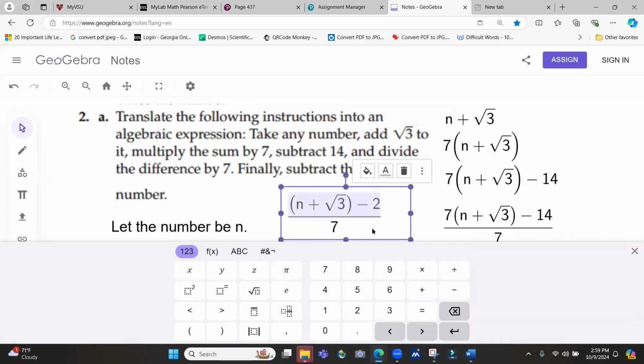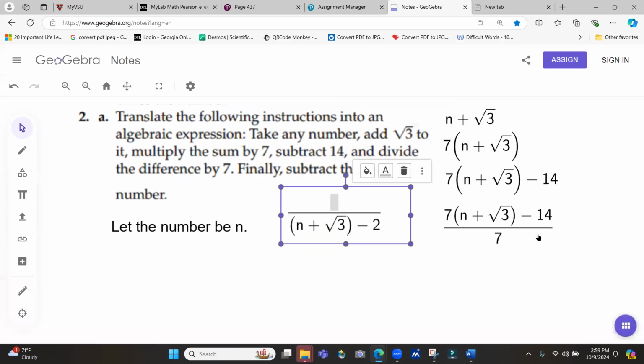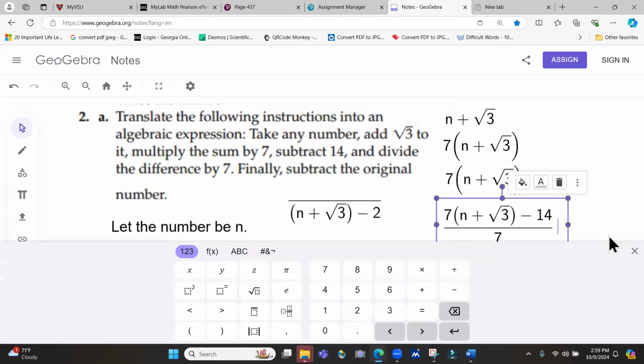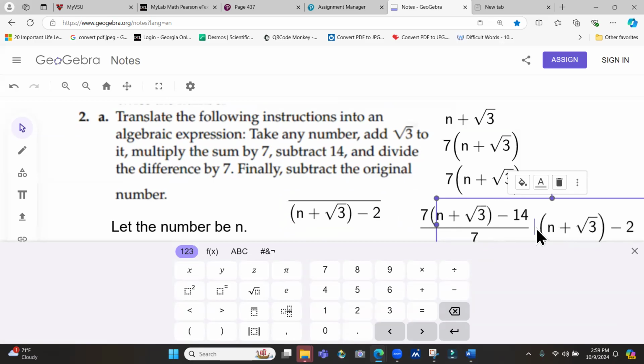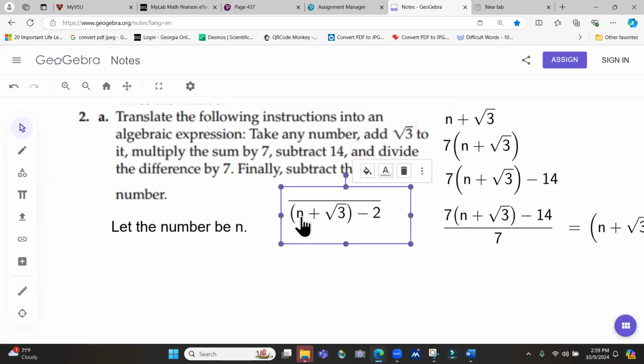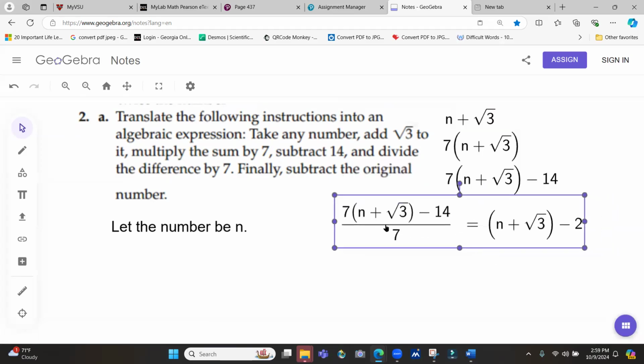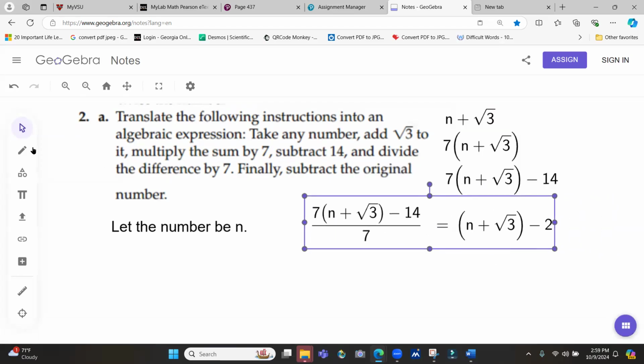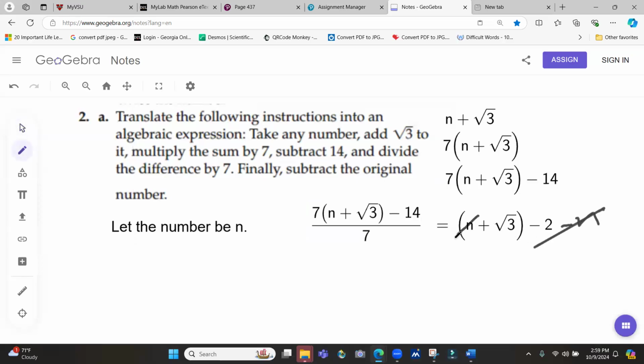My last line is really equivalent to this. Now, the part that I messed up: if I subtract n, this and this will cancel.